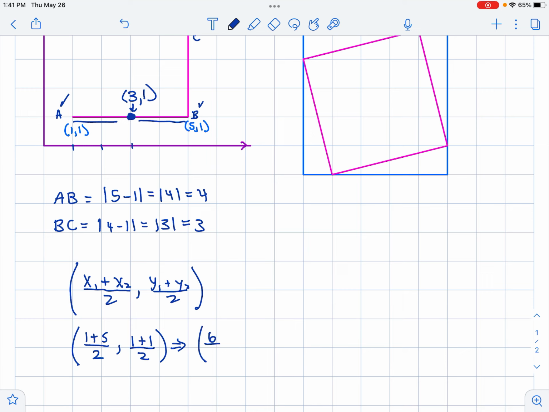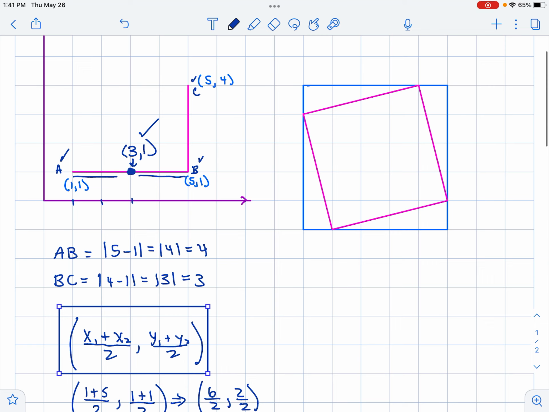We have 6 over 2 and 2 over 2, and that gives us 3, 1. Yeah, bingo. That's the formula right there. This right here is the midpoint formula. So that's how you find the average of the x's and the average of the y's, and you've got your midpoint.